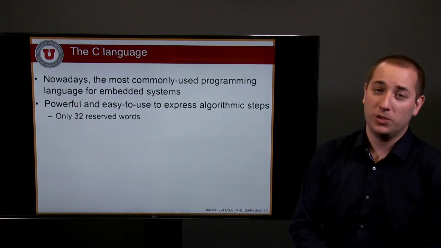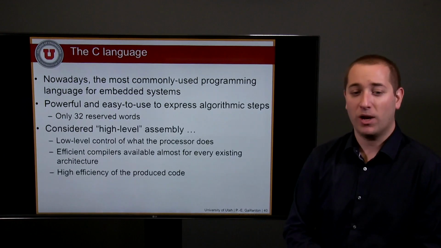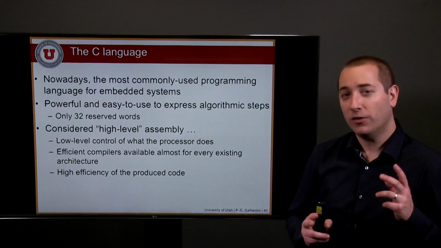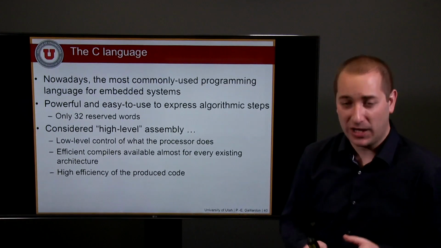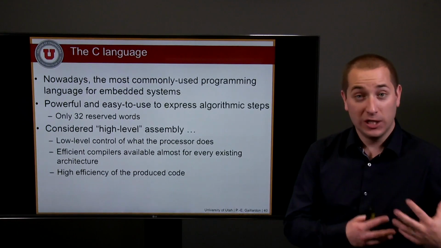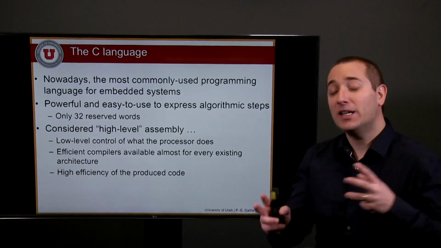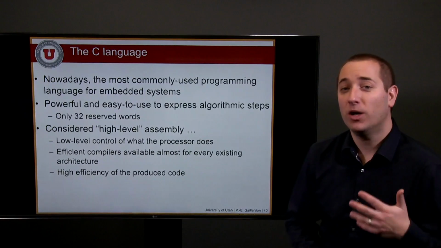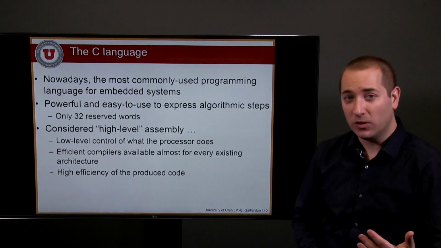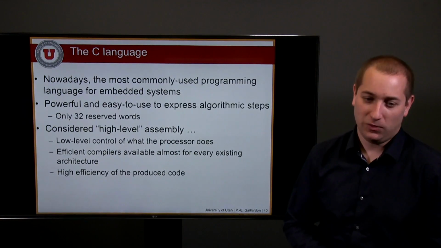It only has 32 reserved keywords that you use in your programs. And we consider it today as a high-level assembly. Compared to the low-level assembly code that is very cumbersome, the high-level assembly C code will give you a very high level of optimization and performance while being very easy to write.